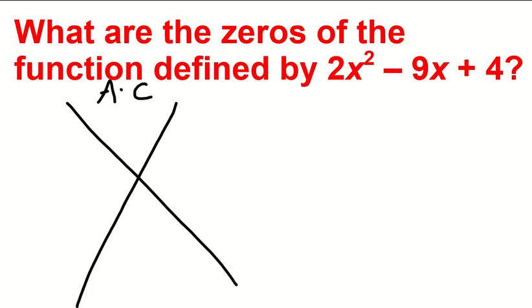So in this case, that's 8. On the bottom, B is on the bottom. So in this case, that's negative 9. Since my C value is positive, that means the signs have to be the same. Since the B value is negative, that means they both have to be negative. Okay? So I got two negative numbers.